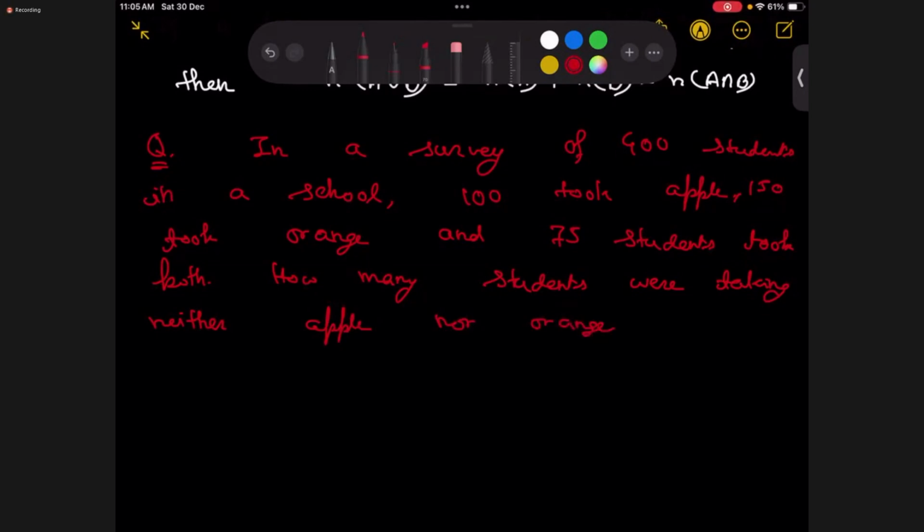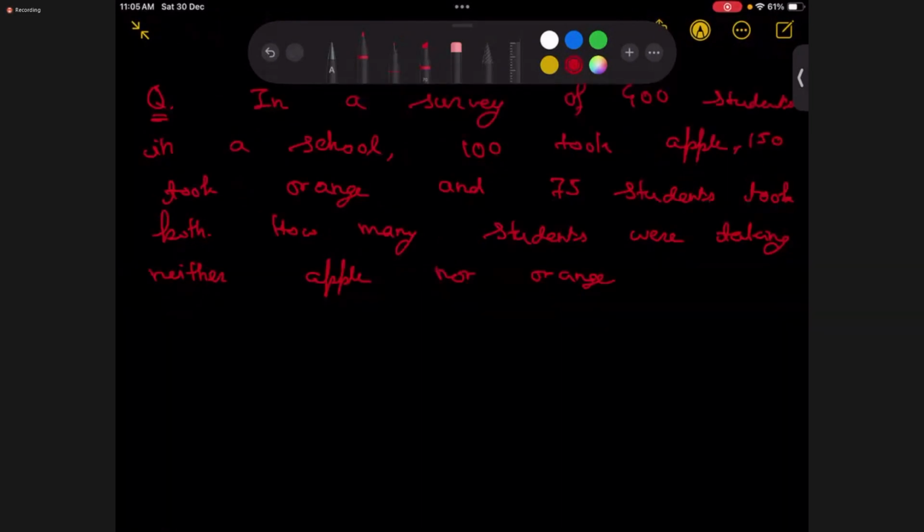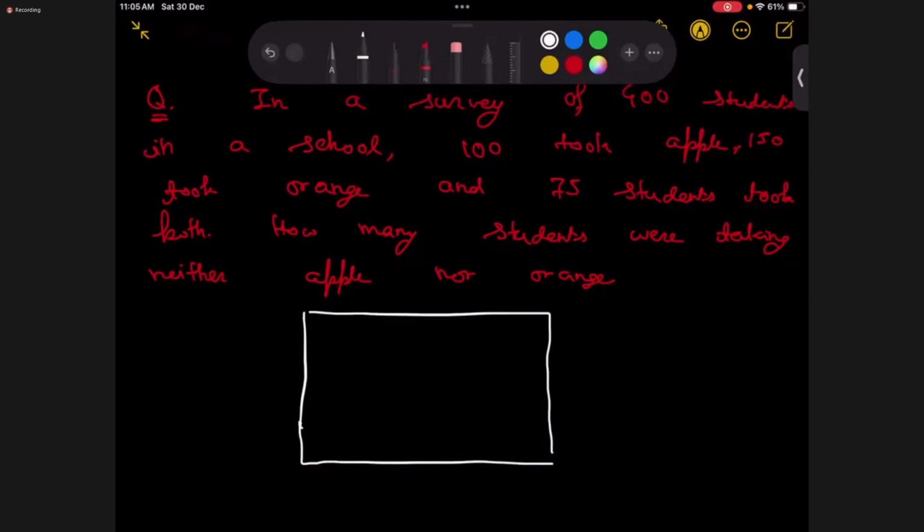Let's draw the example so that we can clearly understand what the question requires. This is the universal set, which has cardinality 400. That is the number of students in a school. The students of the school form the universal set, and 100 took apple, right?